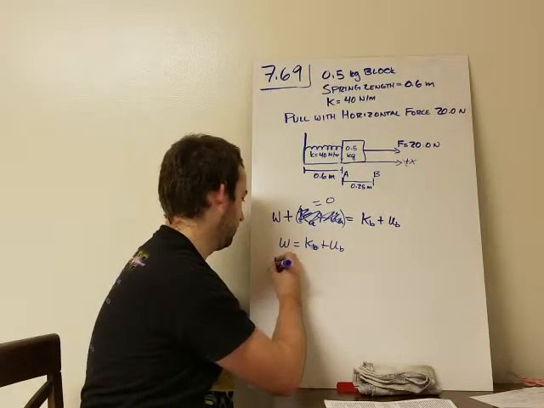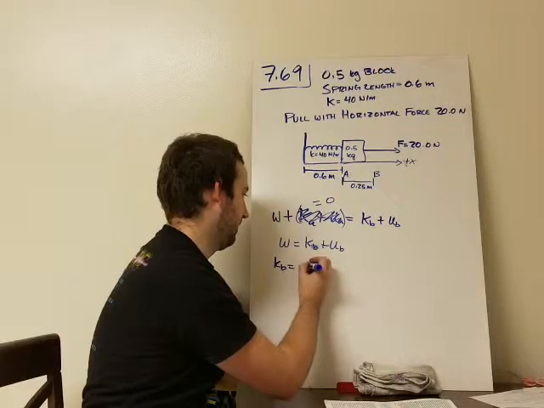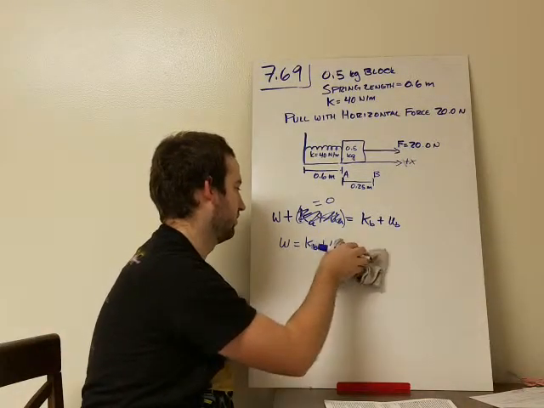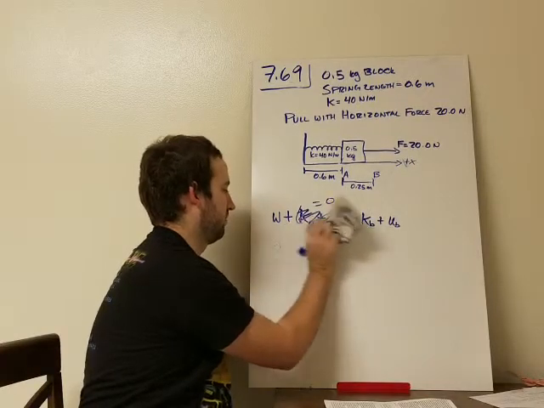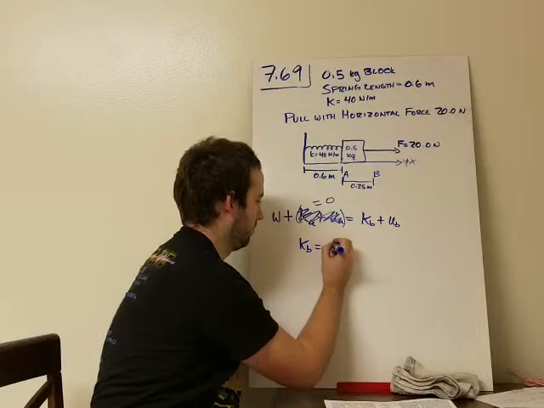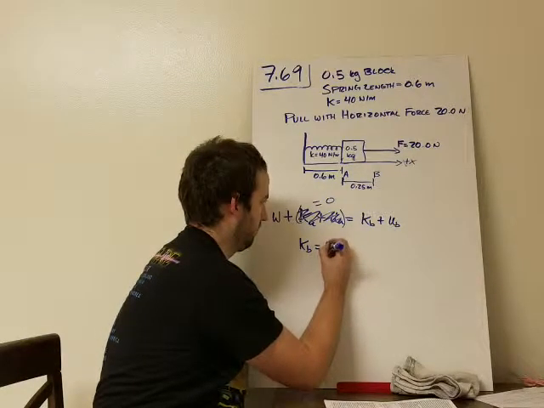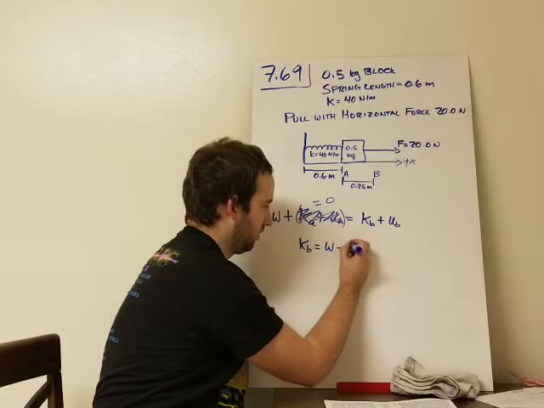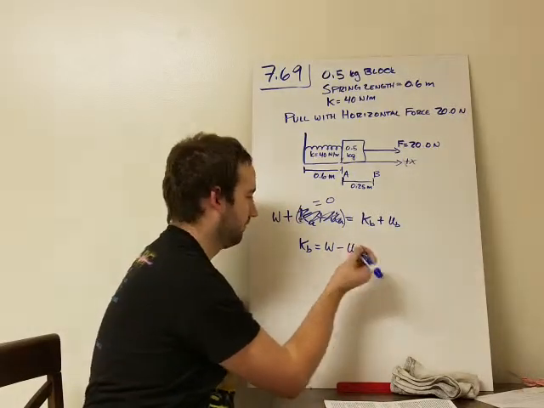Since we're looking for the velocity, let's get KB by itself. So KB equals work minus potential at B, work minus UB.